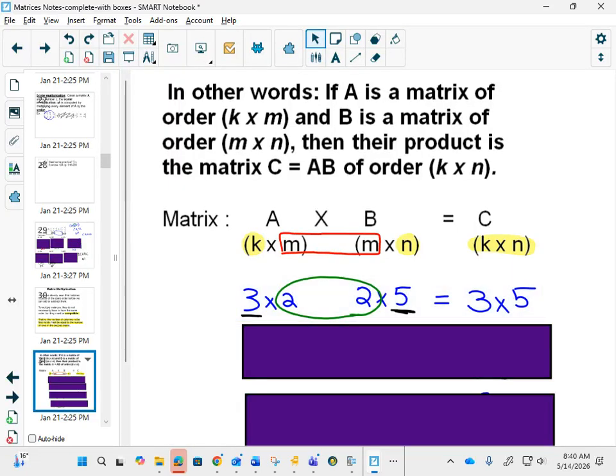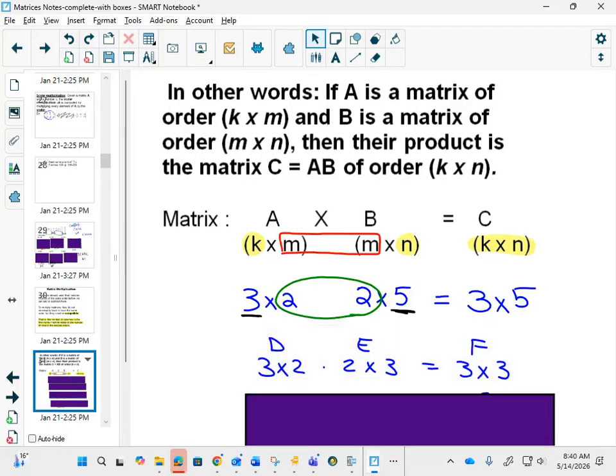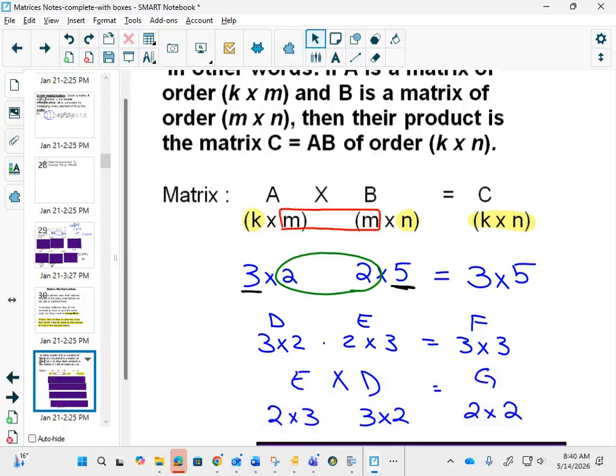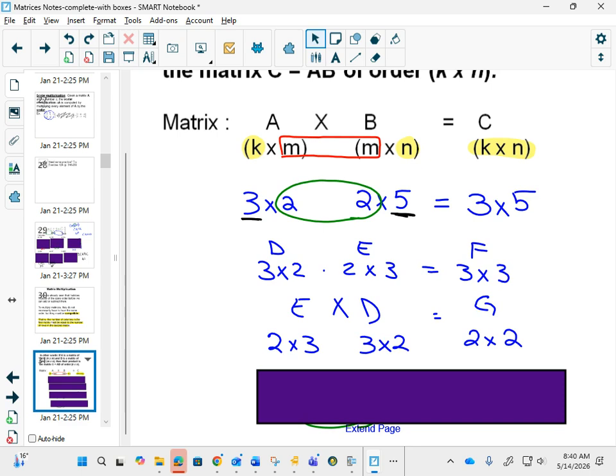So if you did a 3 by 2 times a 2 by 5, you would get a 3 by 5. If you tried a 3 by 2 times a 2 by 3, you would get a 3 by 3. Again, the middle numbers match up. That makes them compatible. The size of the answer is the outside numbers.